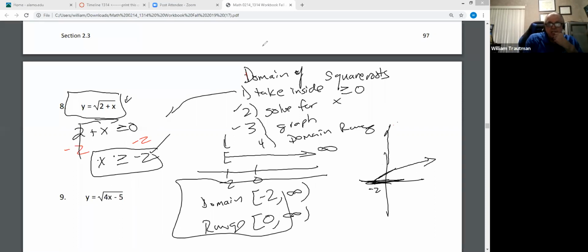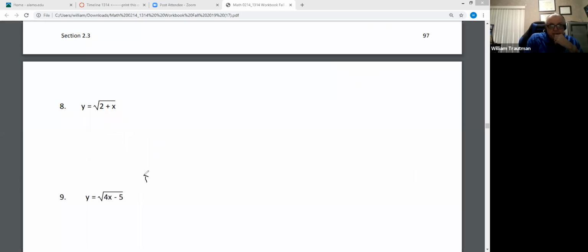So let's try the next one. The domain of number 9 is 4x minus 5 is greater than or equal to 0. We have to just write the inside greater than or equal to 0 and then solve for x.